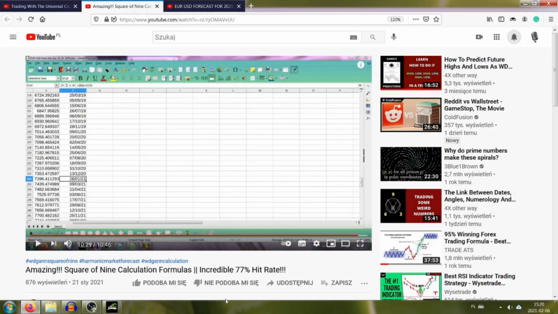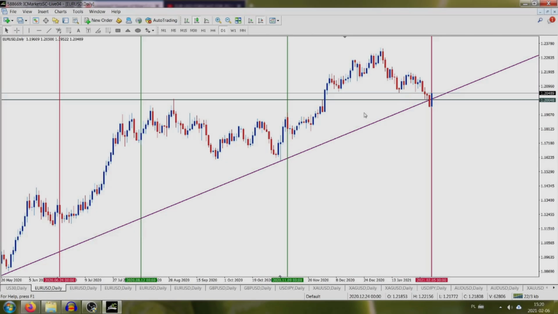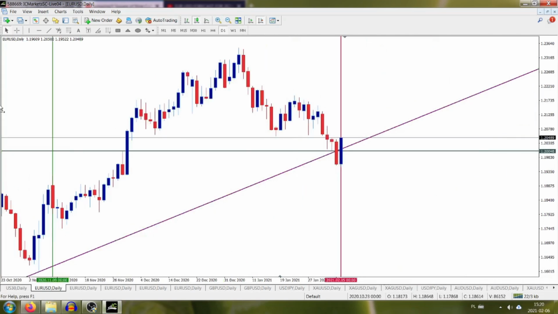In one of my other videos, published on January 21st, I showed you a calculation indicating that on January 25th the reversal might take place, and look what happened. Here is January 25th, this small candle, let me zoom in, this candle over here.